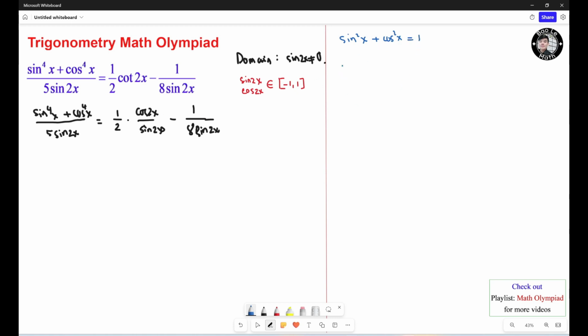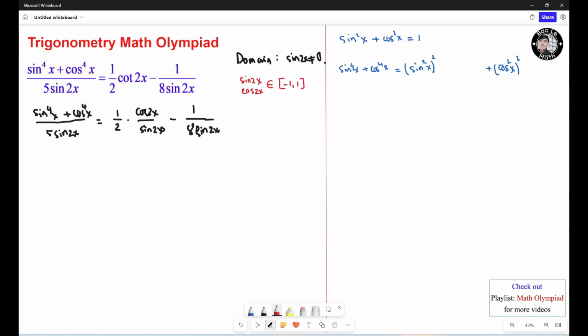Now we have sin^4 x + cos^4 x equal to (sin^2 x)^2 + (cos^2 x)^2.